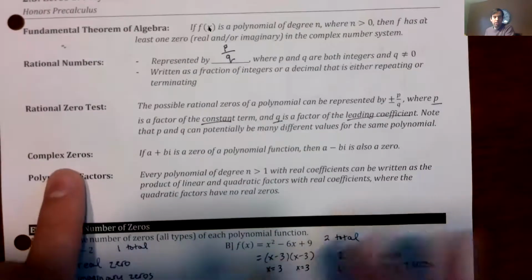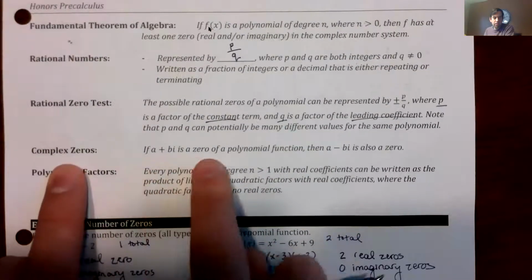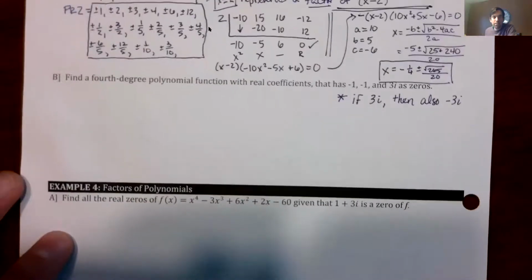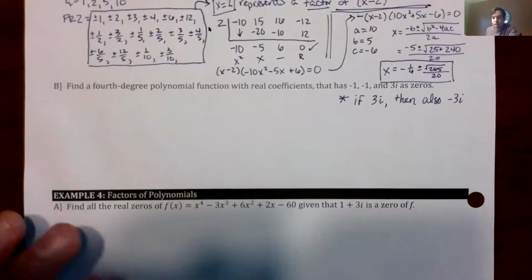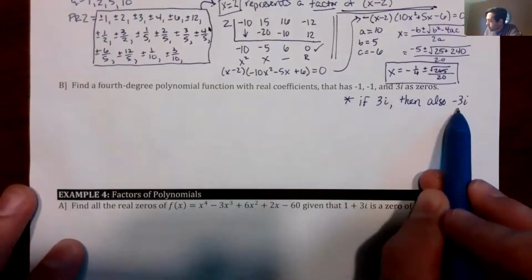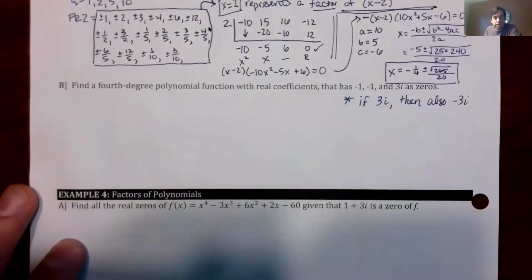That's something that we looked at on the front. We said for complex zeros, if a plus bi is a 0, then a minus bi is also a 0. And every question that we've looked at so far that had imaginary zeros had those pairs. So we really know 1, 2, 3, 4 zeros, and this is fourth degree. So we know all of them.